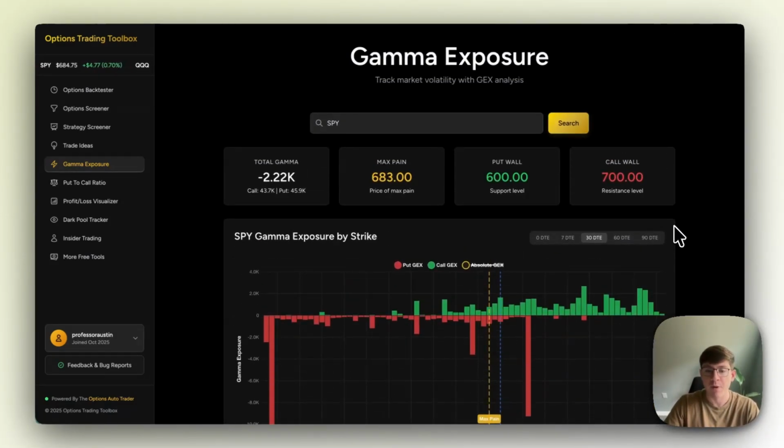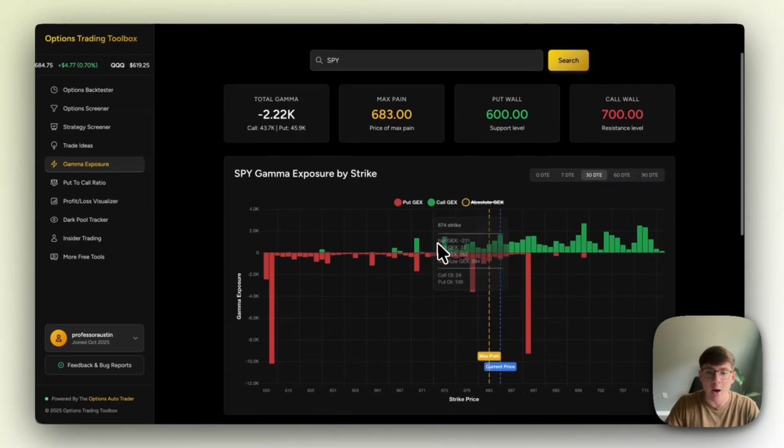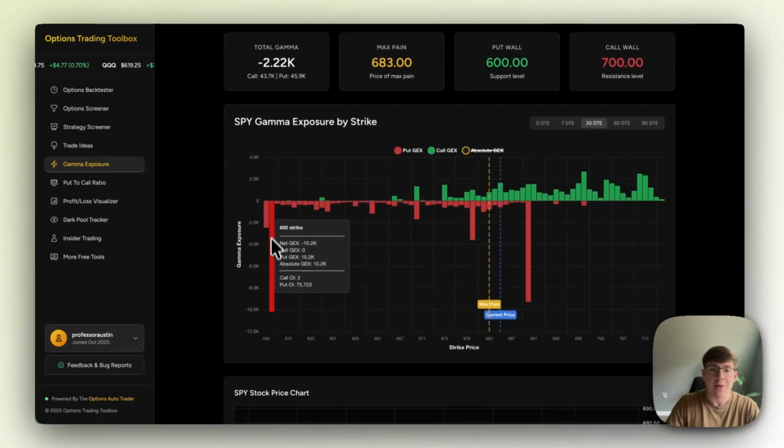Gamma and volume also show us what are called walls, where we're going to hit certain levels. Now, what does that mean? If we're looking at gamma, there's a lot of put side activity right here, over 10,000 gamma data points right here at this zone. What does this tell us? This means that there's some institutions, some combination of traders that have a lot of contracts open right here.